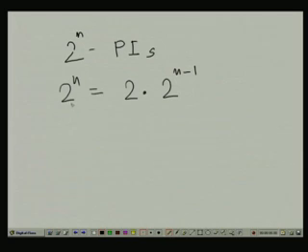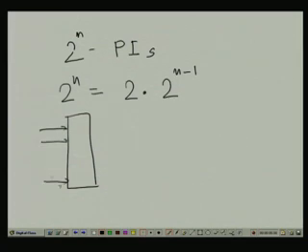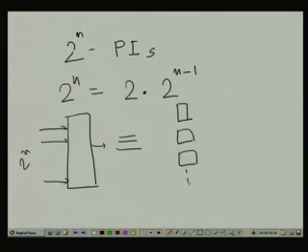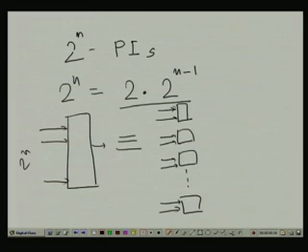So, instead of applying 2 to the power n primary inputs at a time, I can replace these by 2 to the power n minus 1 number of 2 to 1 multiplexers, where every multiplexer has 2 inputs. So, this will be 2 into 2 to the power n minus 1.